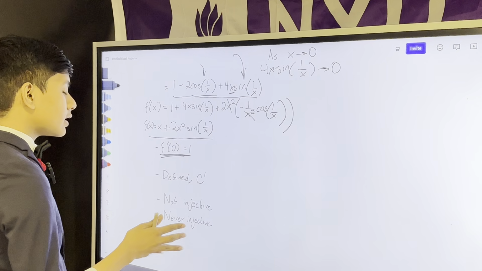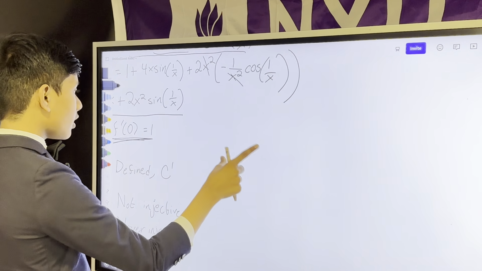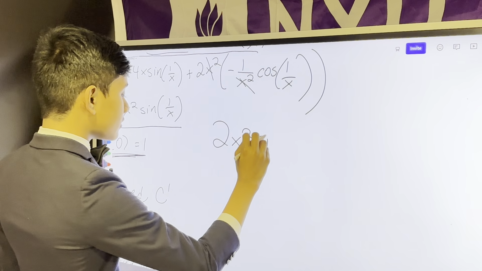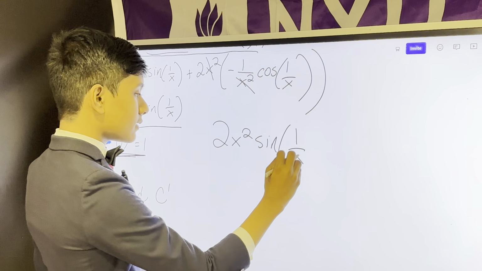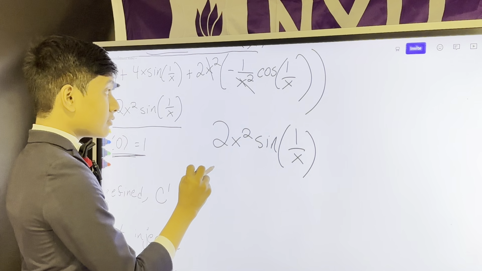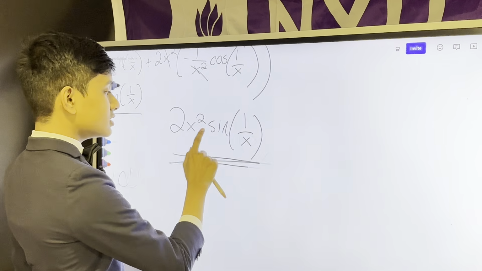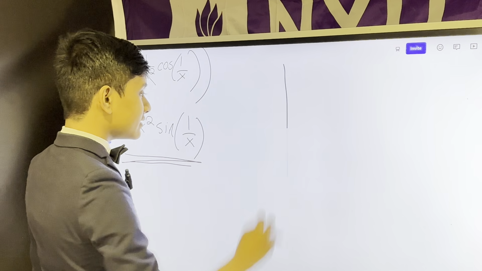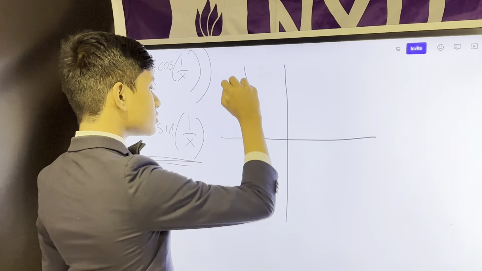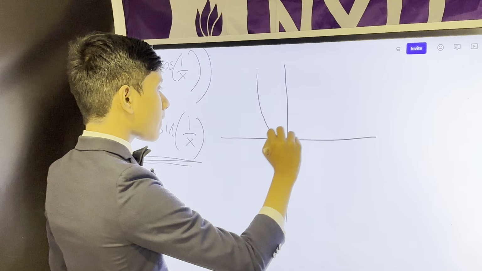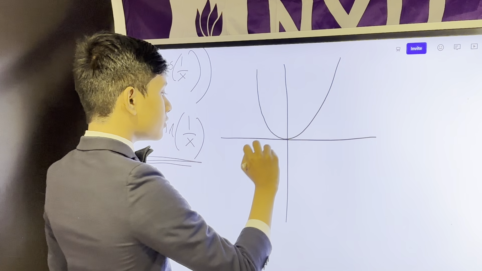Well, you can also attempt to do this another way, by just taking the derivative of this function. Now this function, what's the derivative as x approaches 0? Well, it's enveloped by 2x squared and negative 2x squared.